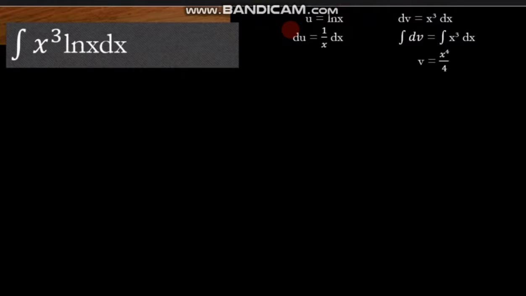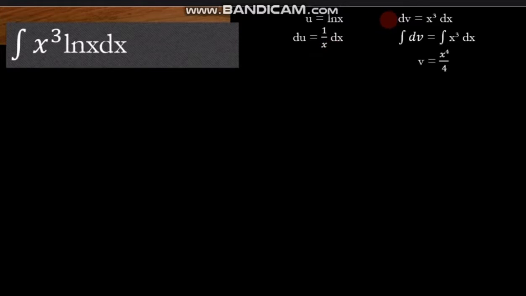Using the mnemonic LIATE, we arrived at u equal to ln x, which is a logarithmic function. Then we need to find the derivative of u, which is du equals 1 over x dx.